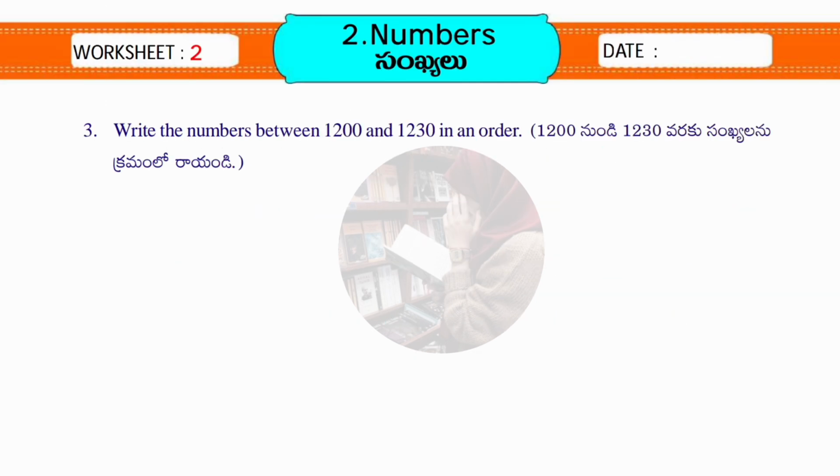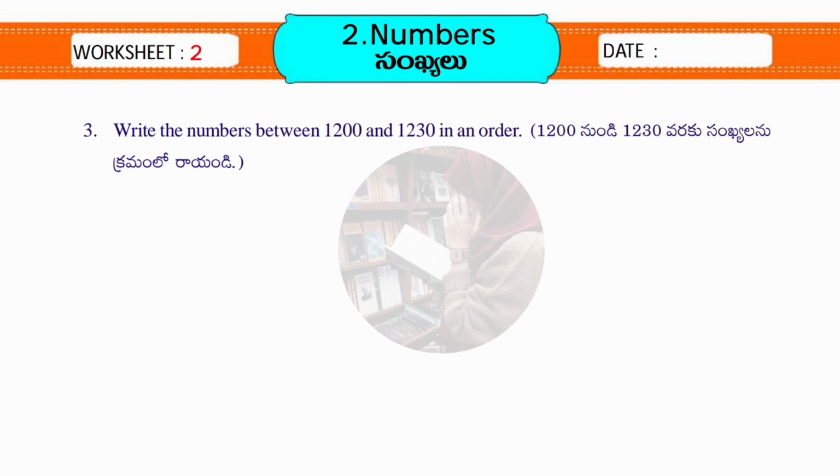Now we'll move to the third question, which is: write the numbers between 1200 and 1230 in order. Here we are asked to write down the numbers starting from 1200 and ending with 1230.